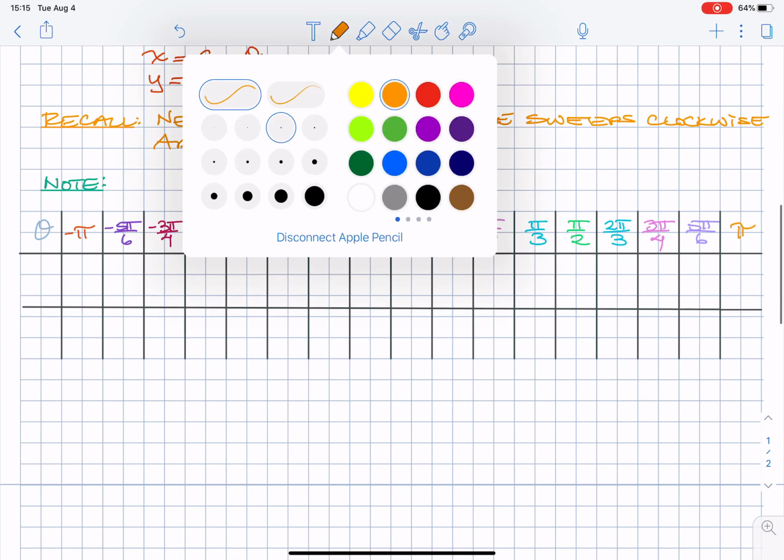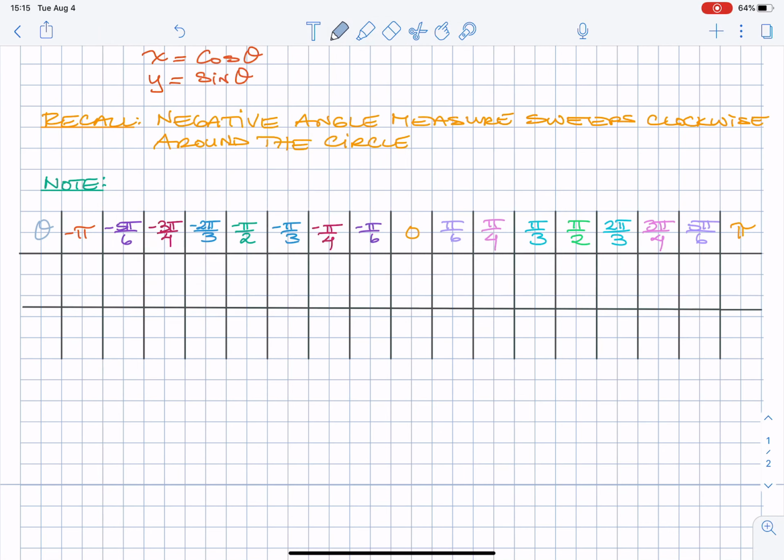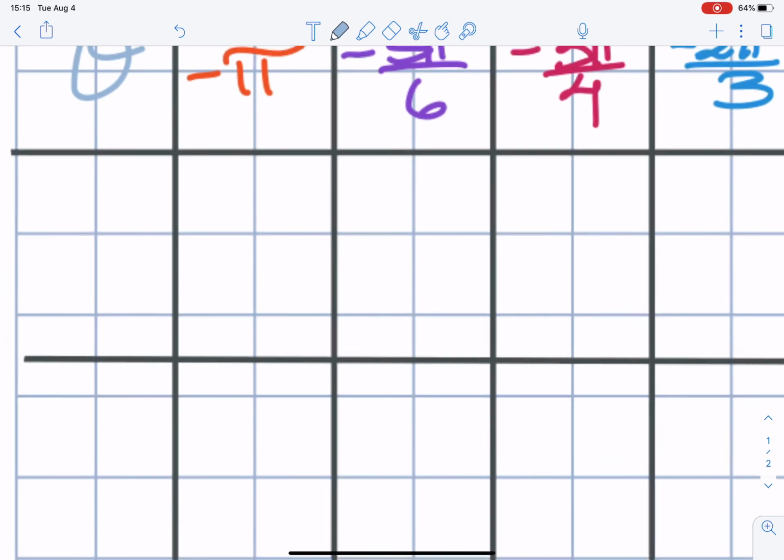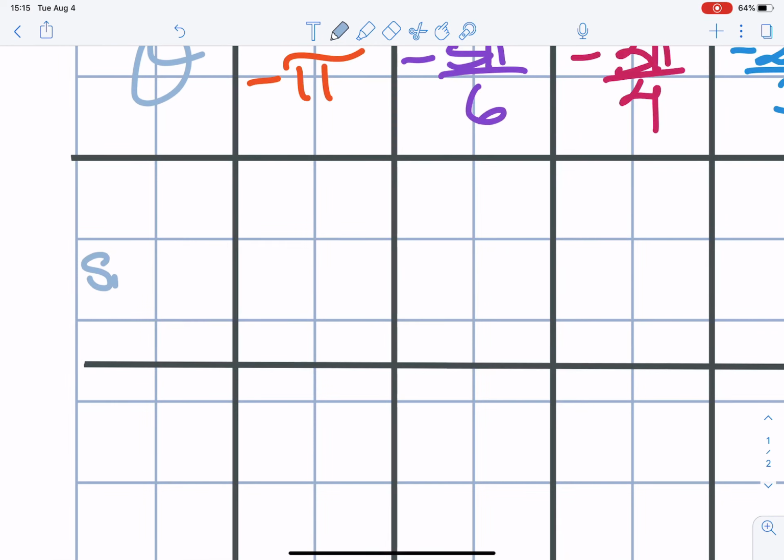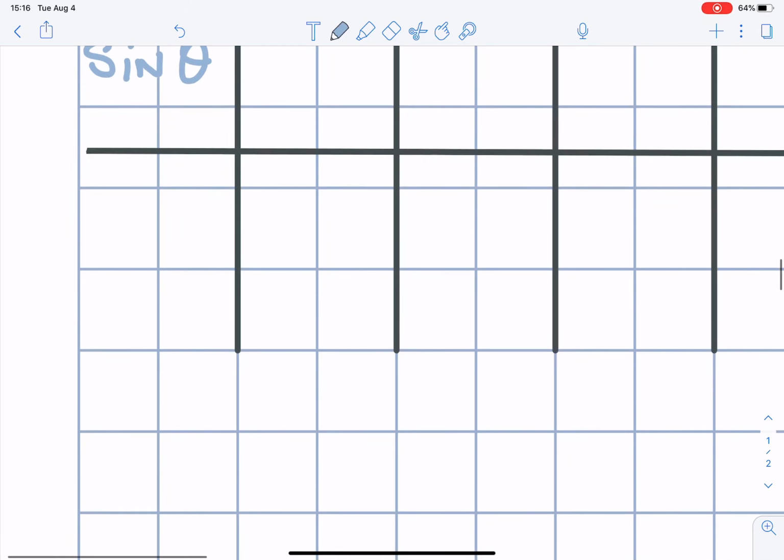That's why I'm never going to do this again after this, because I think this will suffice. So first we have sine. Let me zoom in here. Sine of theta. Then in the second place we'll have cosine of theta.